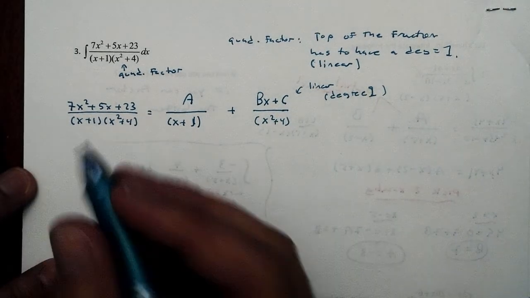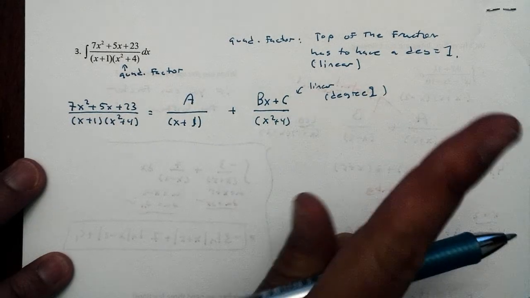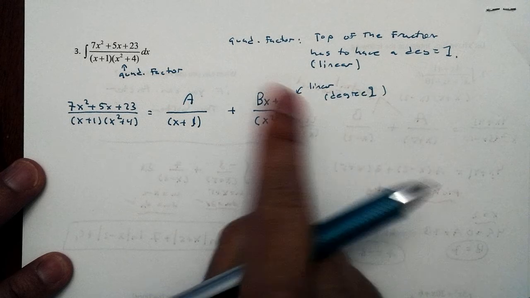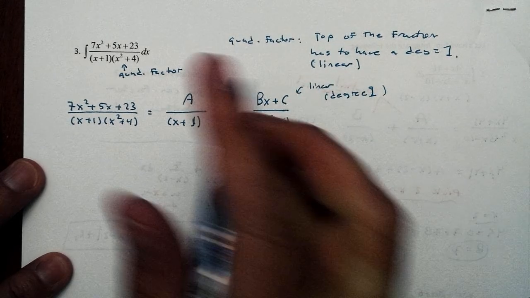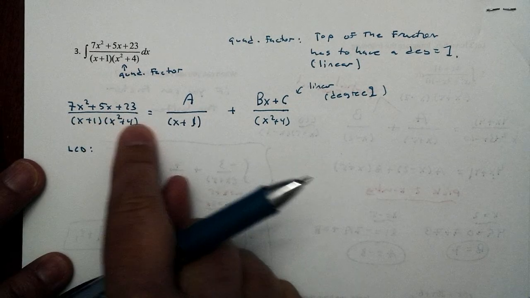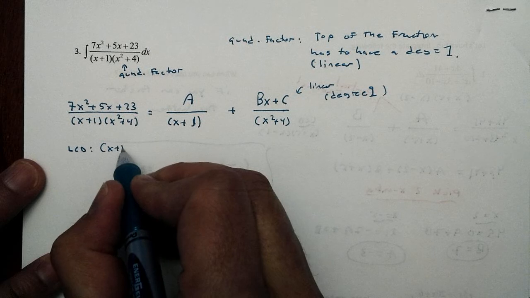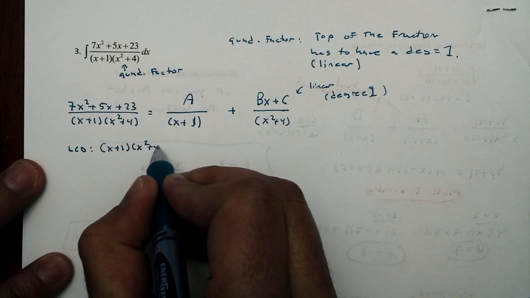So when we do the LCD, nothing else is going to change. So now, just like the last one, we have 3 variables to solve for, A, B, and C. So we're going to multiply by the LCD. We're really good at this now. That's going to be the x plus 1 and the x squared plus 4.